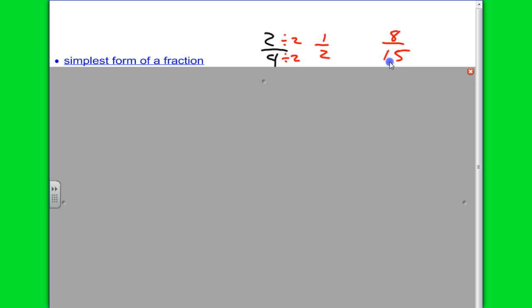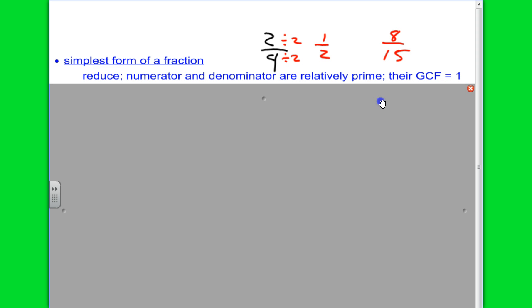And 15, 5, and 3 cannot be found in 8. But the one that they both have in common is actually what? 1. So when you have 1 in common, you're called relatively prime. Everybody say that. Relatively prime. So compared to each other, the only factor they have in common is 1. And that's what this says. Their greatest common factor is 1.